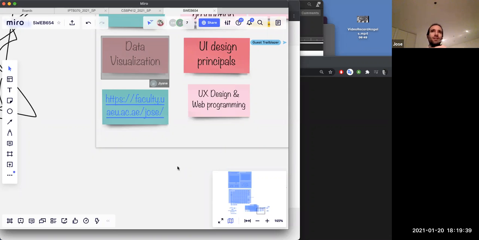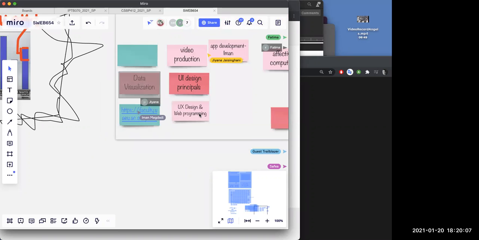The problem is that they are usually engineers, and we never teach them how to make a good chart. This is why we have this course now called Data Visualization, and why I wrote a small book and workshop about it. You can check the video later on. And if you think we should teach this in the class, then we'll dedicate 1 hour to it. Okay, what else? UX design and web programming, good.